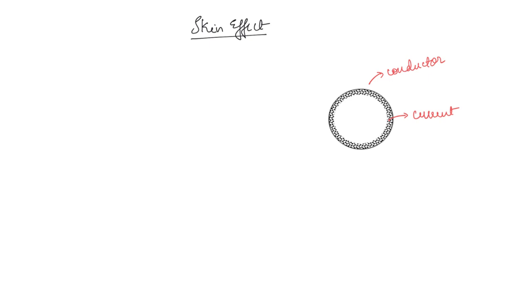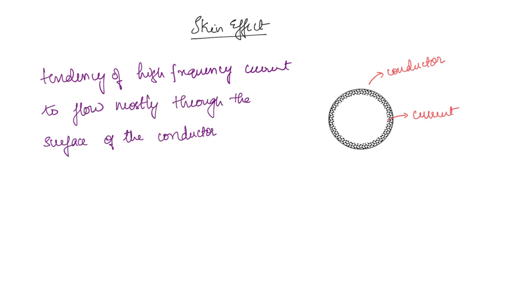So you can write down: skin effect is the tendency of high frequency current. High frequency means it has to be an alternating current, so skin effect is only for alternating current. We will see why. Tendency of high frequency current to flow mostly at the surface of the conductor.